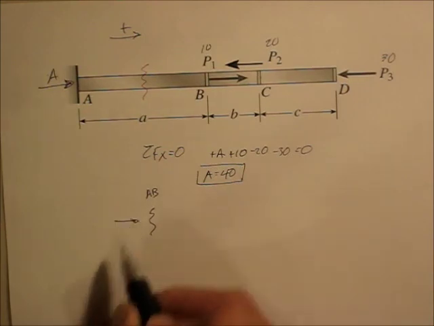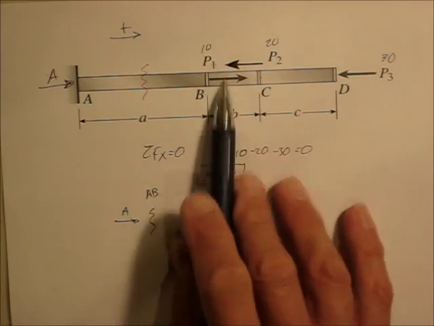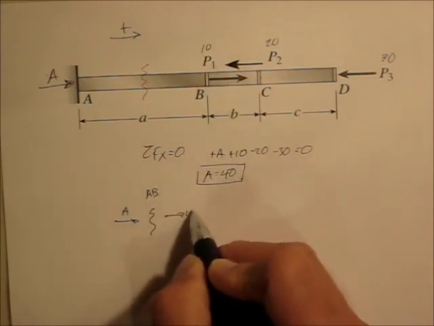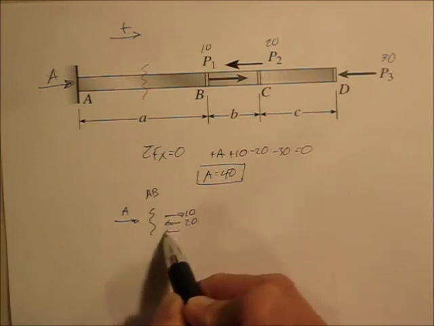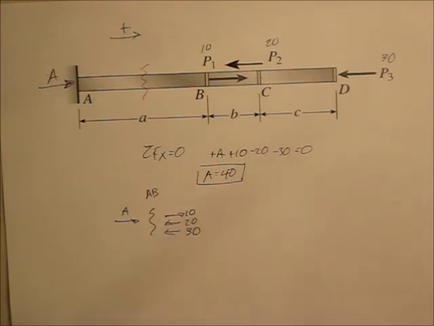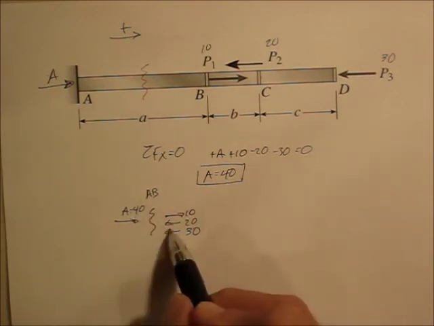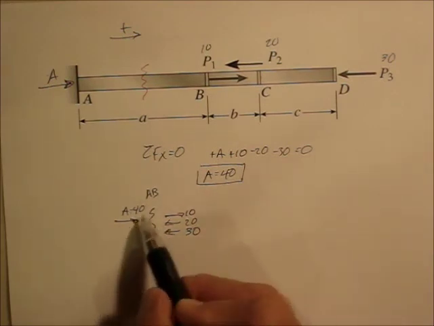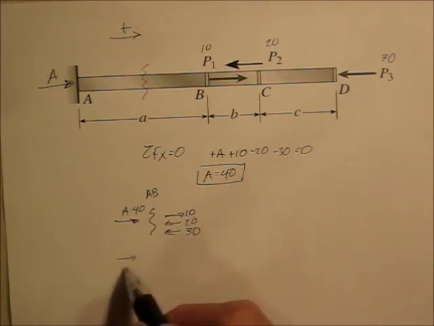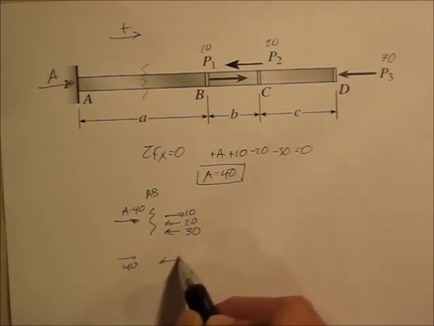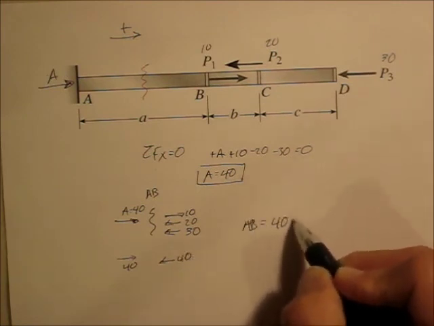We're going to have an A here and whatever's happening over here. So it is plus 10 from P1, minus 20, and minus 30, and we know that A is equal to 40, and indeed that does balance. 40, 50 minus 10 going this way, so I got a net 40 going this way and a net 40 going this way, so that says that AB is equal to 40 in compression.